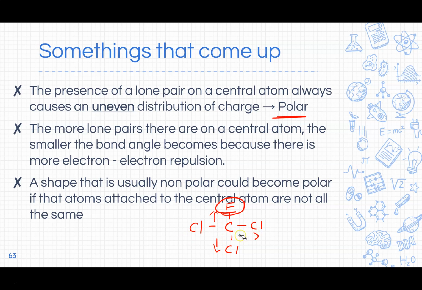These two would cancel out, but the dipole moment for CF is going to be different and stronger than the dipole moment for Cl. So this won't actually cancel out, and so then you would go ahead and say that this was a polar molecule. And you can always recognize that because remember, it's about even or uneven. Clearly, even if I don't worry about dipole moments, when I have 3 Cl's and then an F, this becomes an uneven molecule, and therefore this is going to be polar. So that might be something that's a little bit tricky that you might want to remember.